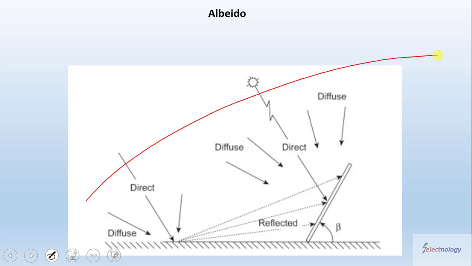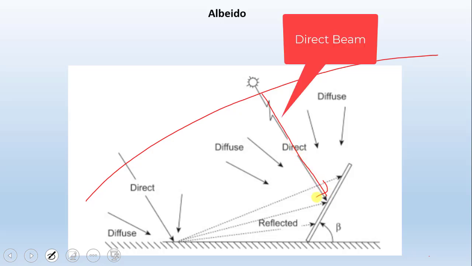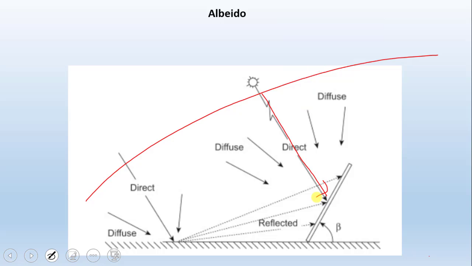So when the sun rays start entering the atmospheric layer, some part of the rays get to the PV module directly, and this is called direct rays. So the sun rays or the irradiance or the radiation being received by the module can be divided into three parts.